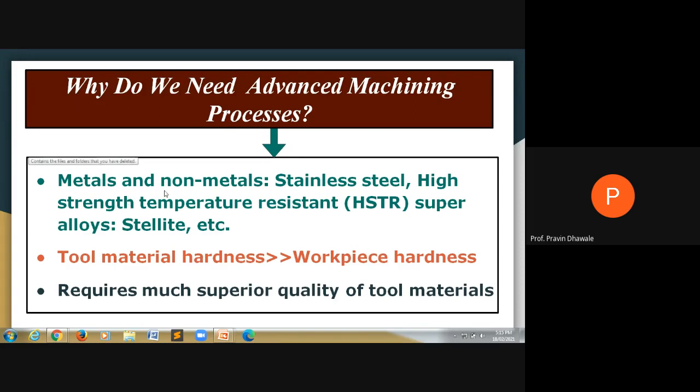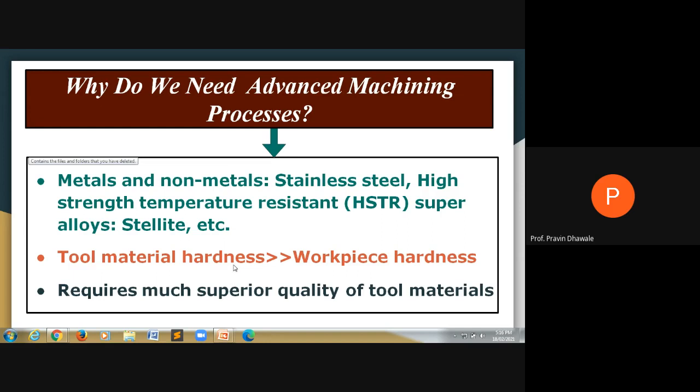Metals and non-metals like stainless steel, high strength, temperature resistant super alloys, such metals which have very high strength, are unable to be machined by using the conventional process.